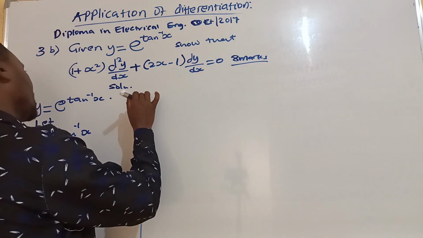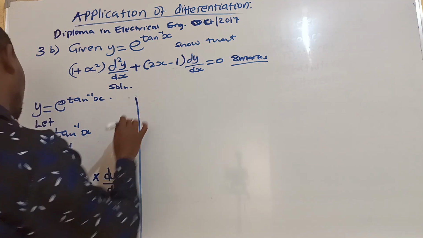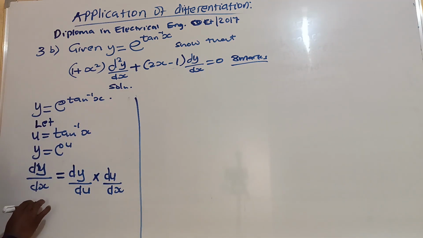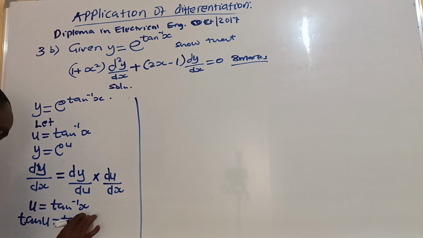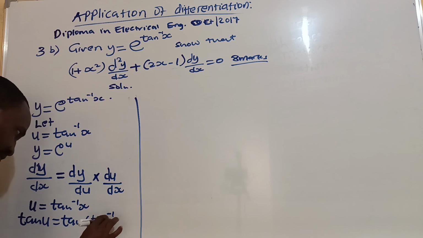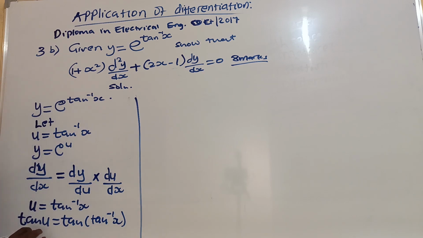For du/dx, since u is equal to tan inverse x, from our previous video on differentiation of inverse trigonometric functions, if we apply the cancellation equation on both sides, tan u is equal to tan of tan inverse x, or simply tan cancels out tan inverse so that you have x.